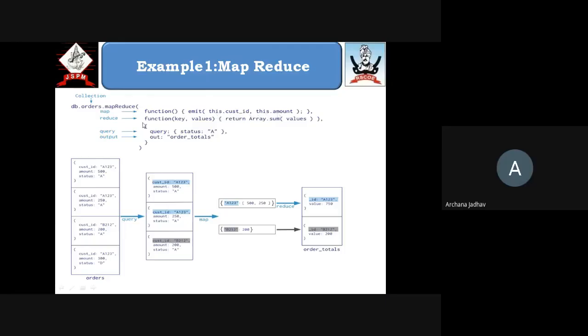The second part in this MapReduce is the function for the reduce operation. Here we are passing the key and the values, and this particular reduce function will return the sum of the values which we are passing to it.